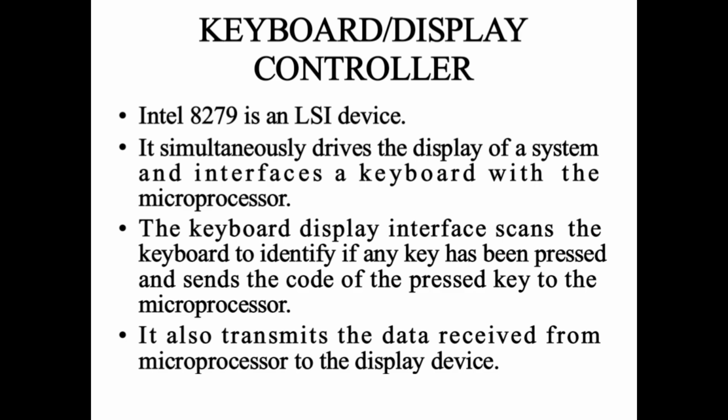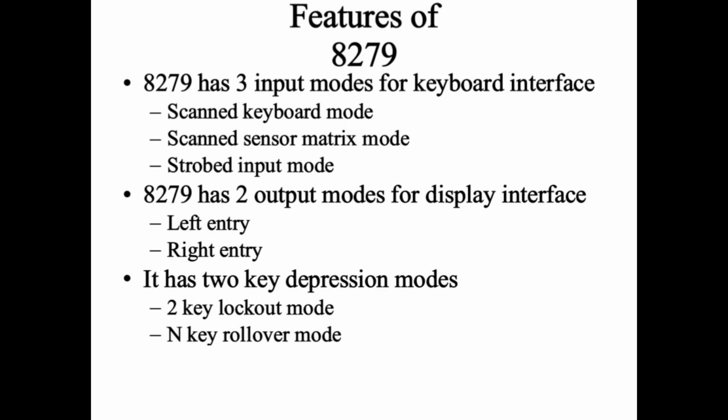The keyboard display interface scans the keyboard to identify if any key has been pressed and sends the code of the pressed key to the microprocessor. It also transmits the data received from the microprocessor to the display device. 8279 has three input modes for keyboard interface: scanned keyboard mode, scanned sensor matrix mode, and strobed input mode.